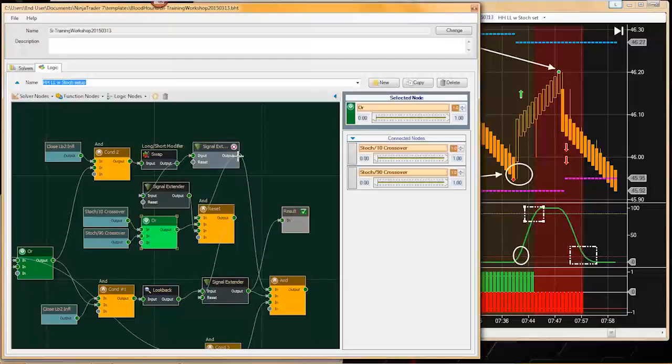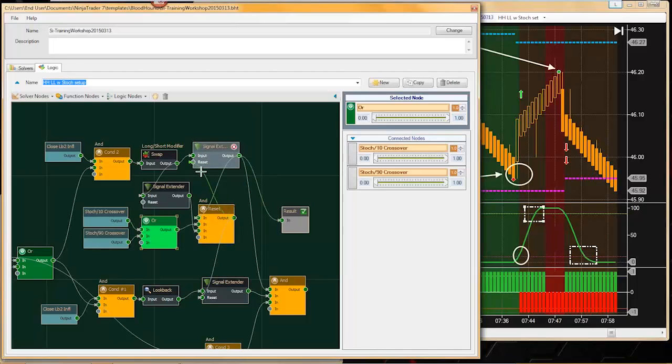Let's take a look at the signal extender for condition 2. And I also need to plug this into that reset there. So, interesting. All right, it's not letting me connect that up.